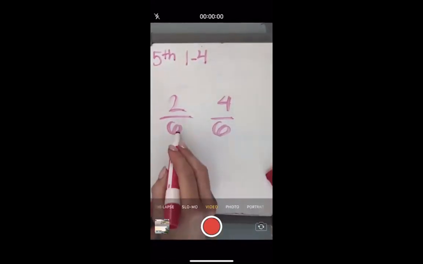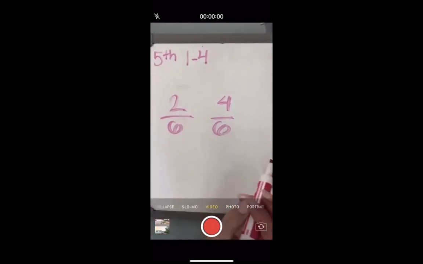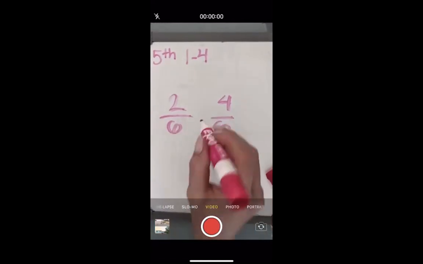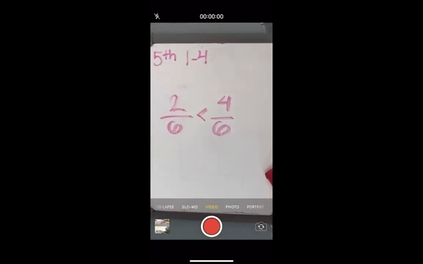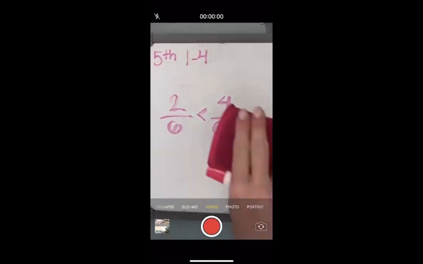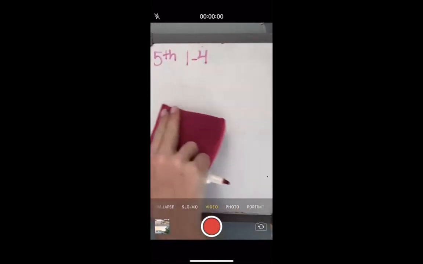Well, if they're both sixths, the pieces are the same size, I can just compare them directly. So if my pieces are the same size, 4 is greater than 2. So the common denominator, it's pretty straightforward, but we're going to start getting into some unlike denominators today.